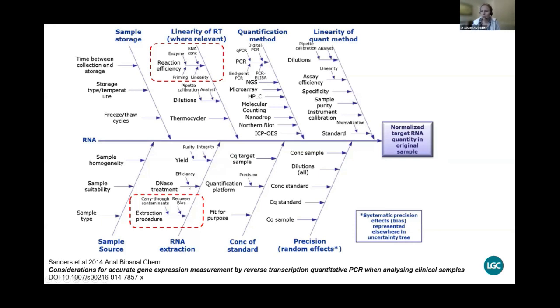Some people may be familiar with this type of fishbone diagram, which is an approach really to mapping sources of measurement uncertainty within a workflow, starting either from the clinical matrix and then looking at some of the pre-analytical factors such as the storage of the sample and the RNA extraction methodology.